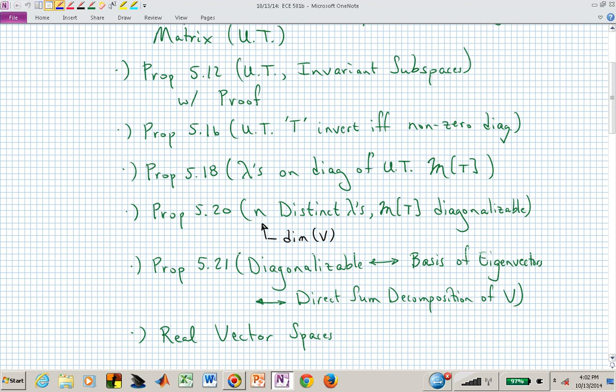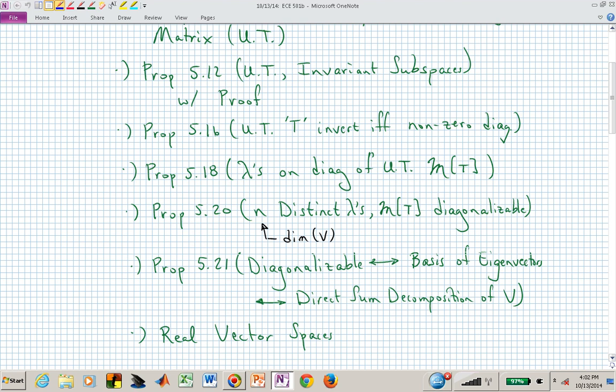Then proposition 20 says if we have distinct eigenvalues of the same dimension as our underlying vector space, and remember, for these operators, we really only have one underlying vector space. We're starting and returning to that, and the operator is then living on that vector space.